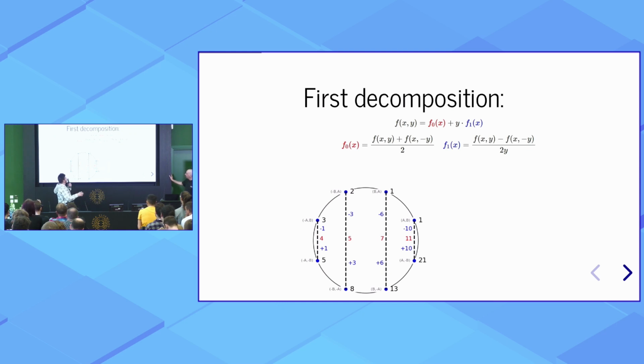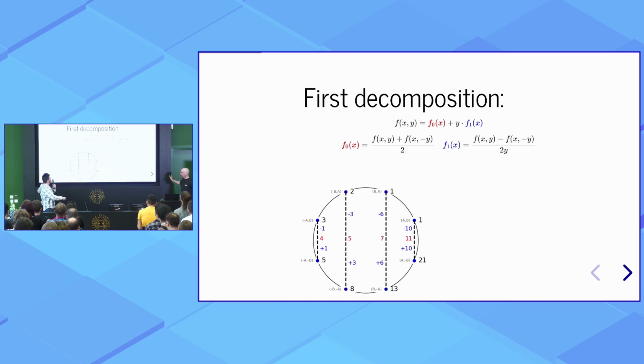We're splitting it into 2 polynomials of x, and we have this multiplier of y. This formula is really simple for the circle, because if you put x, y and another point x, minus y into the first equation, you can extract the values of the decomposed polynomials, as you can see there.